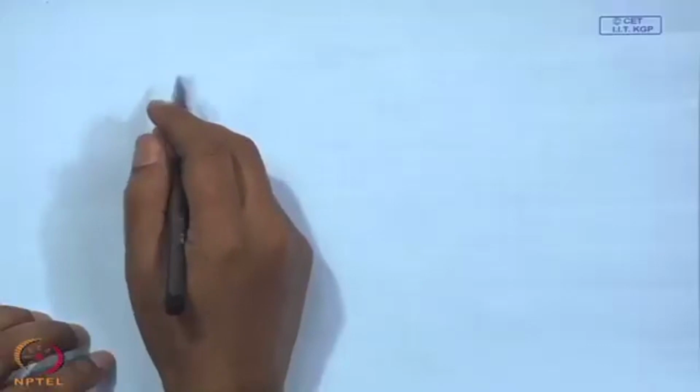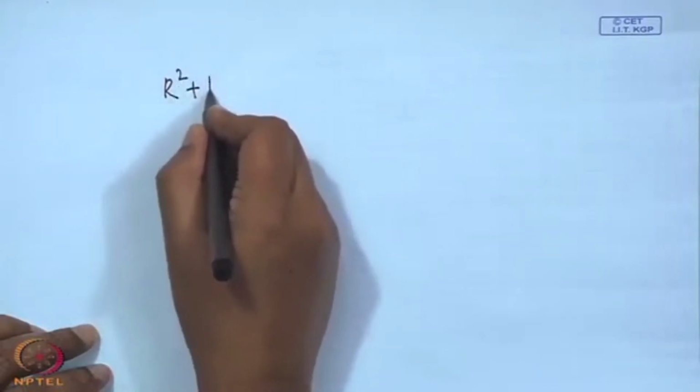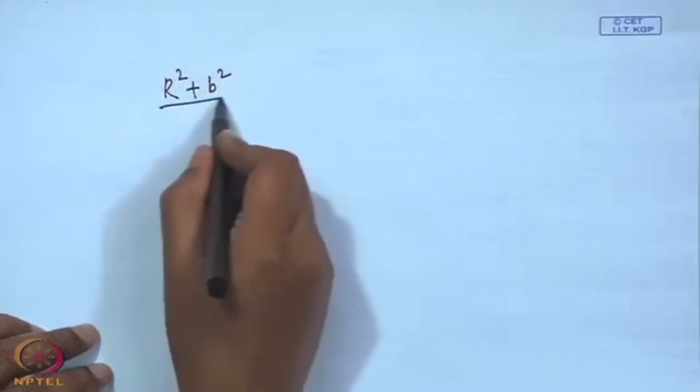What is the fineness ratio? Fineness ratio is 4, but the fineness ratio is also given by c by t, but in terms of that radius r and b, r square plus b square by r square minus b square.